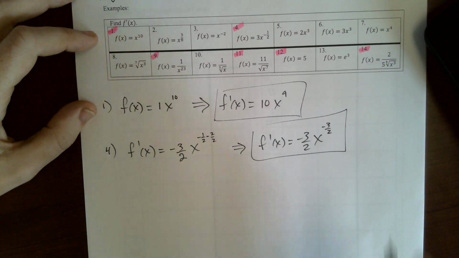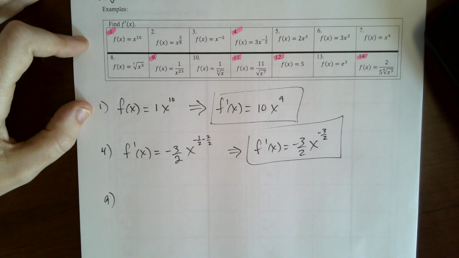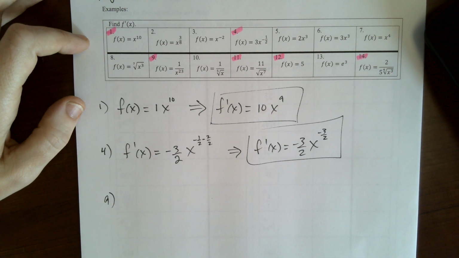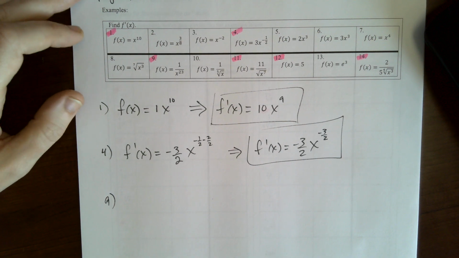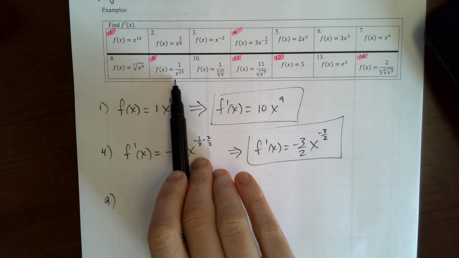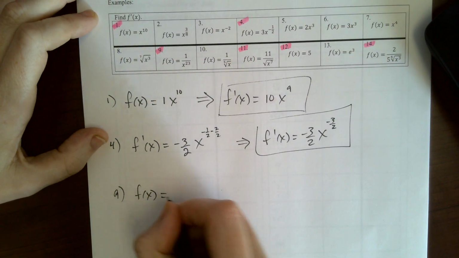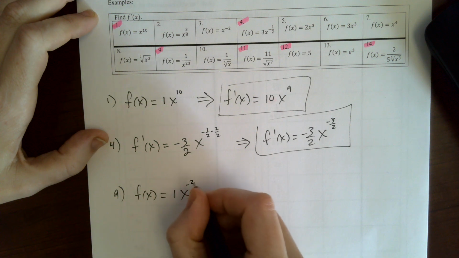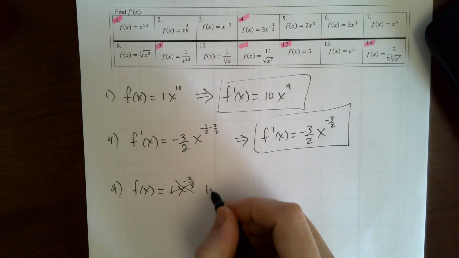Alrighty, now we'll do number 9. Okay, number 9 is not in ax to the n form. So it's not a one-step derivative because it is not in ax to the n form. So first, I need to move, whoopsie, that's negative 23.